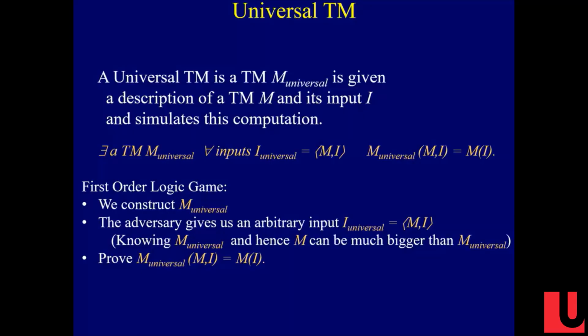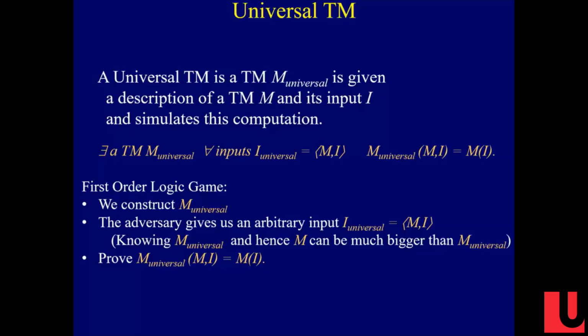What's the universal problem? The universal problem takes as inputs the description of a Turing machine M and an input I, and it simulates M on I. That's the universal Turing problem.